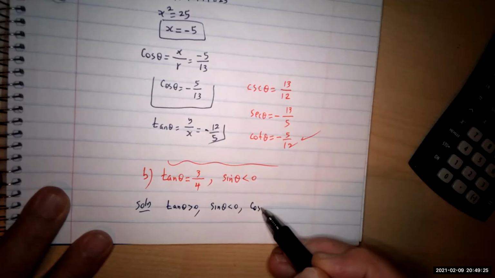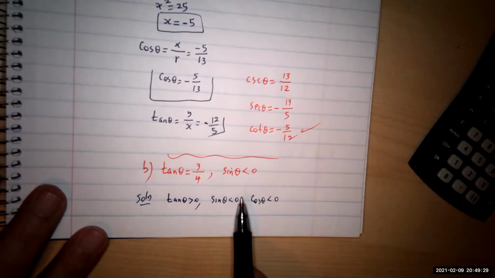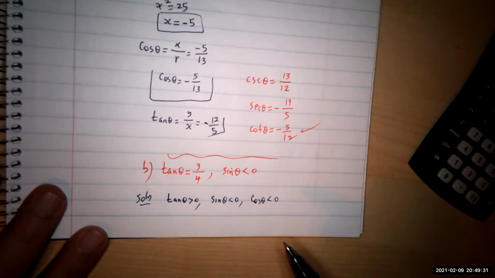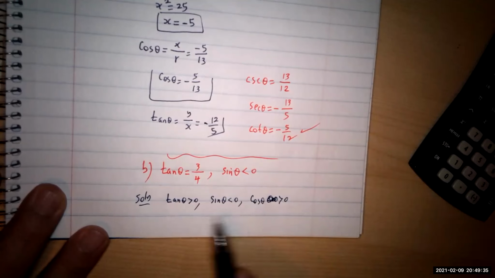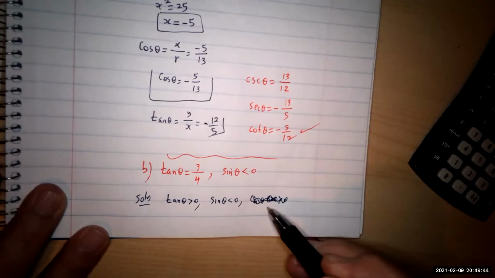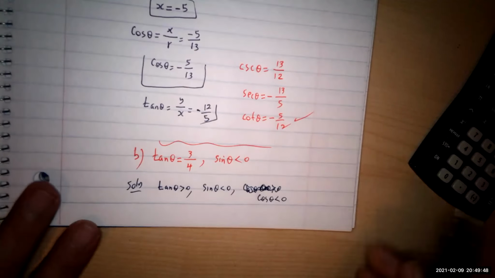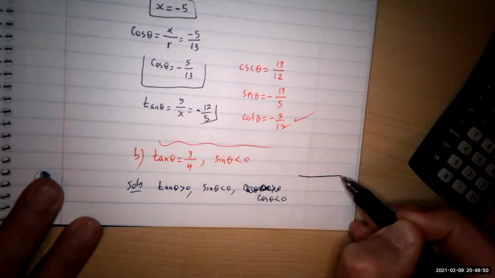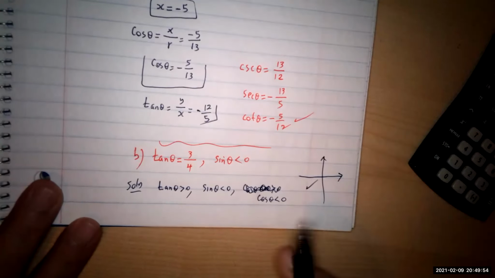So this must be negative, because negative over negative would be positive. Sorry, I made a mistake again. Negative, negative, positive. It must be in the third quadrant, and that's going to be the case.